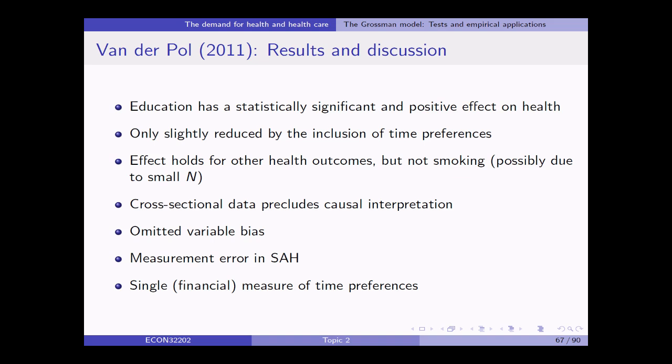And again, it holds for other health outcomes, but interestingly not smoking. So when you condition on smoking as a risk factor, there is no association between education and health. Now that could be a true phenomenon, or Van der Pol argued that it was because smoking status was quite poorly recorded in the survey.